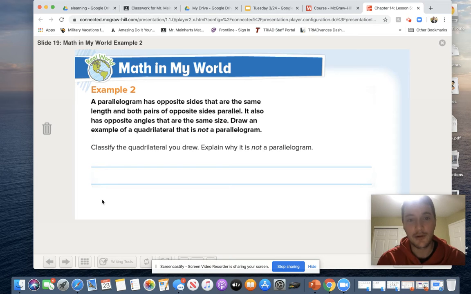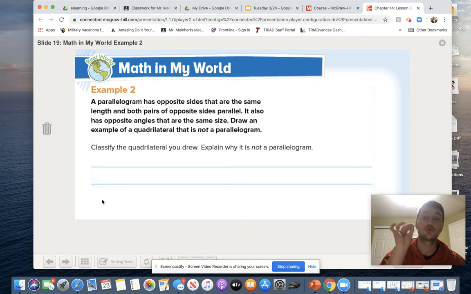All right, example number 2. A parallelogram has opposite sides that are the same length, and both pairs of opposite sides are parallel. It also has opposite angles that are the same size. I want you to draw an example of a quadrilateral that is not a parallelogram. So you're going to pause this video.